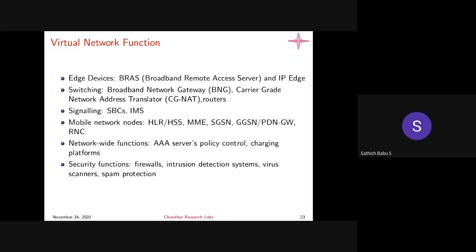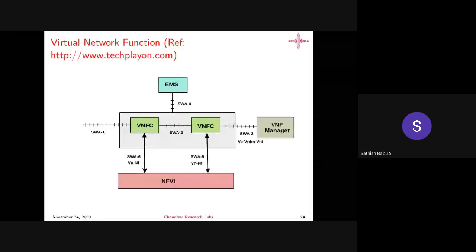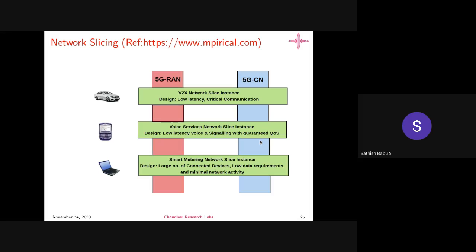What those possible network functions are has been listed out here. Once you are successful with this network function virtualization with the help of these VNF managers, it is possible to do network slicing. This is the third major enhancement in your 5G core network architecture.